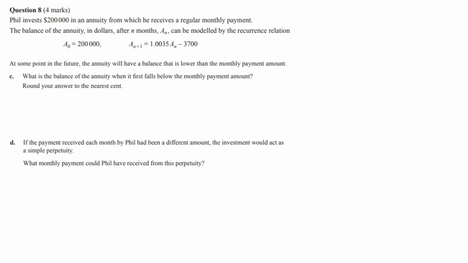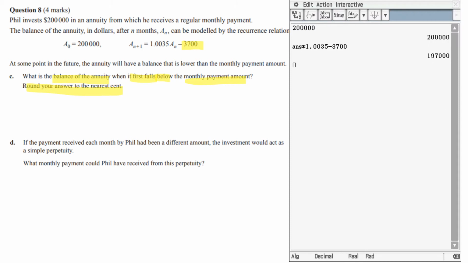Okay, now we have to find the balance of the annuity when it first falls below the monthly payment amount, so below 3,700. Round your answer to the nearest cent. You could use the button on the calculator. Put in 200,000, and then the recurrence relationship, which I've shown here.